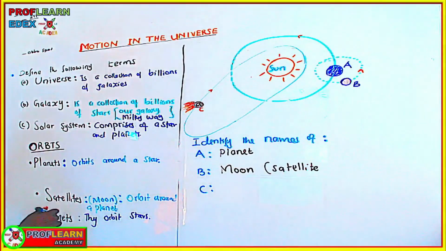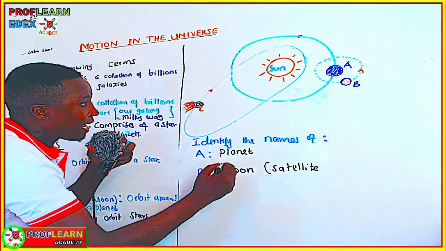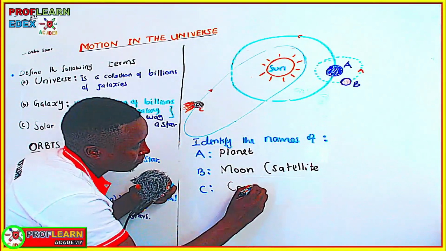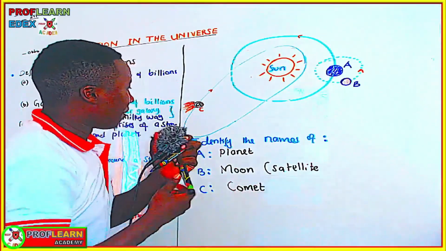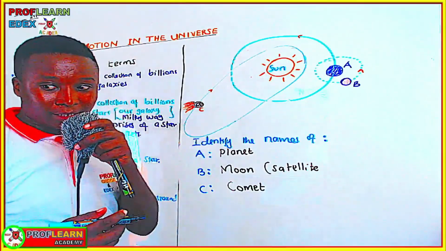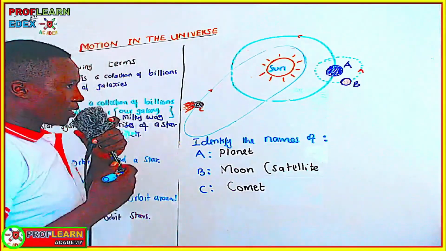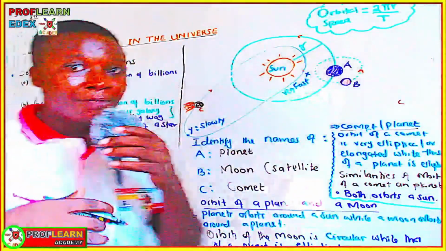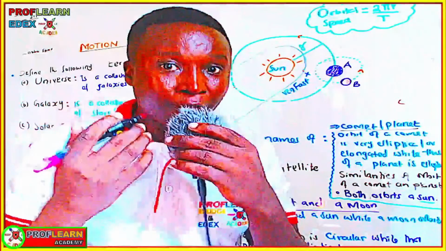Satellites orbit around planets, that's what we said here. And C is a comet, because its orbit is elongated. The force keeping these objects in their path is the gravitational force, the force of gravity.